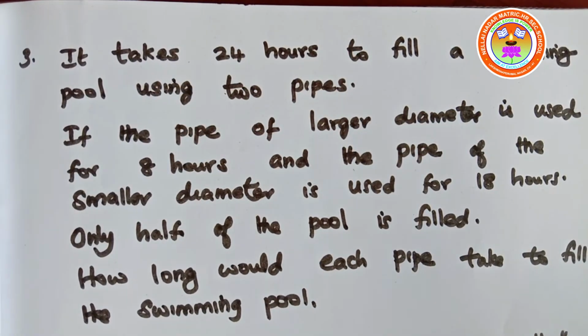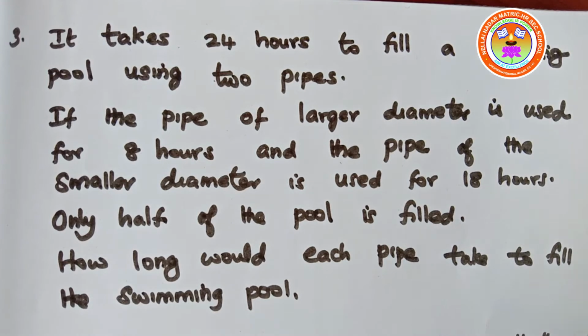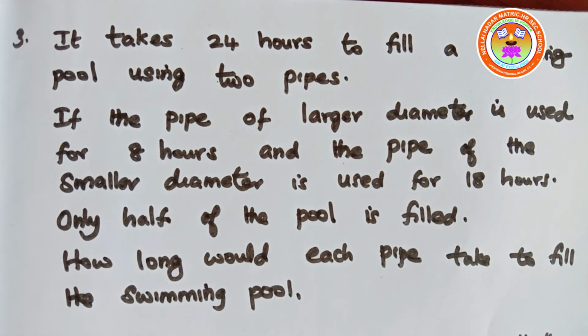Question number 3. It takes 24 hours to fill a swimming pool using 2 pipes.